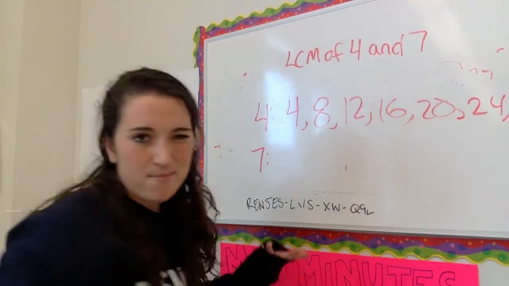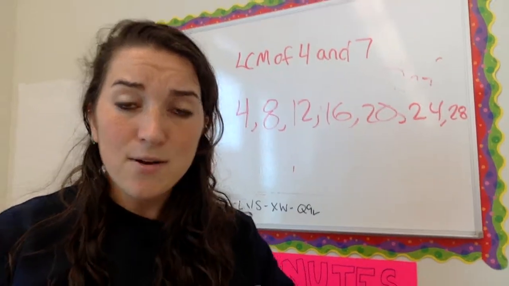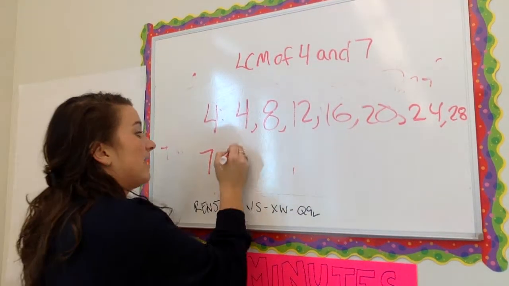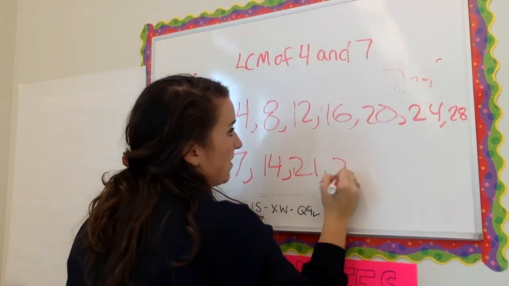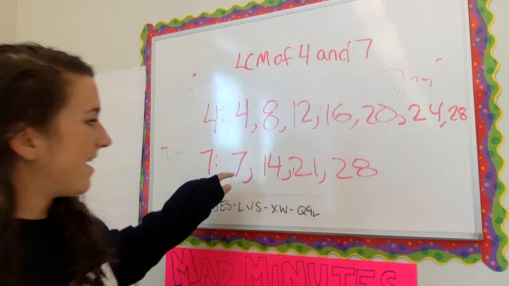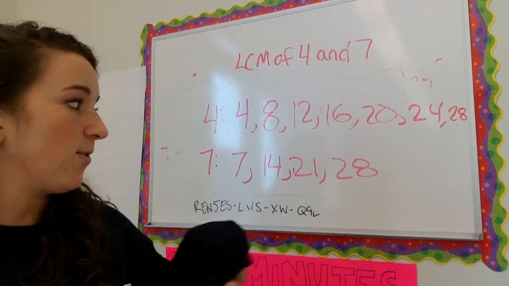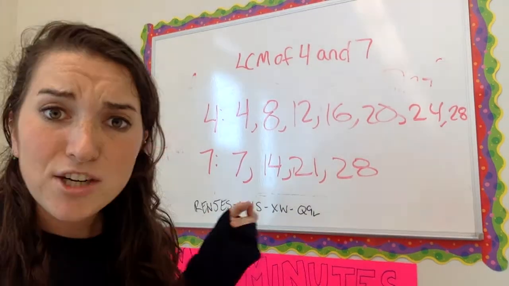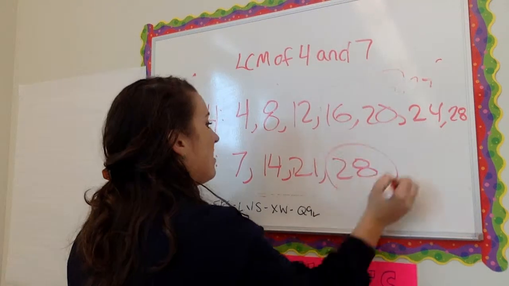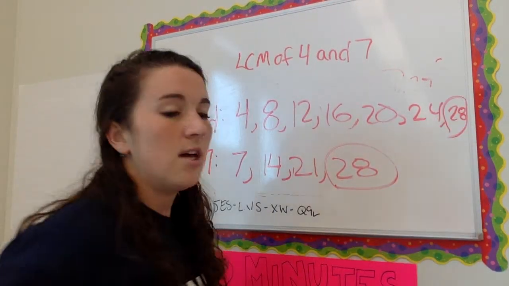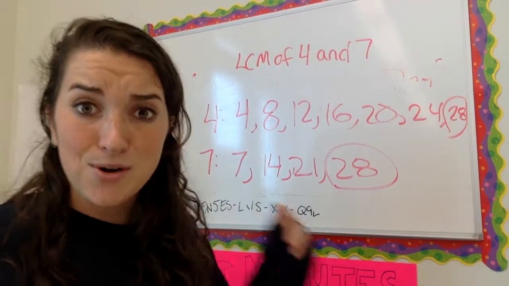And I can keep going, but I ran out of space, so I'm going to stop there. All right, and then I'm going to roll my multiples of 7. So I have 7, 14, 21, 28. Remember, I'm adding 7 each time because 7 times 1, 7 times 2, 7 times 3, 7 times 4. As far as we've gone, I only see one number that they have in common, and that is 28. So our least common multiple of 4 and 7 is going to be 28.